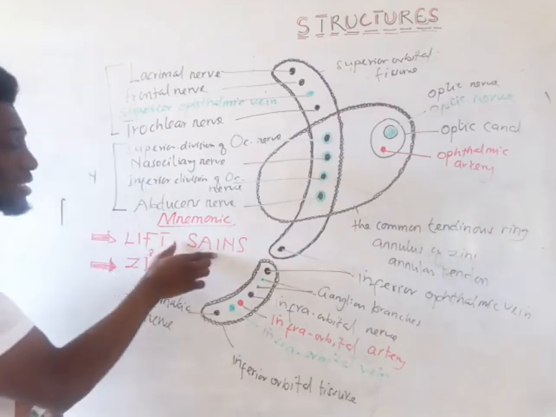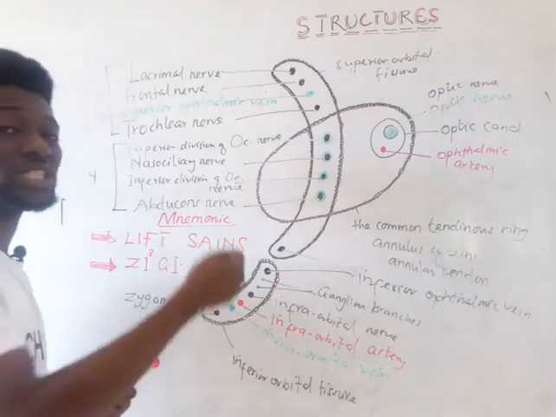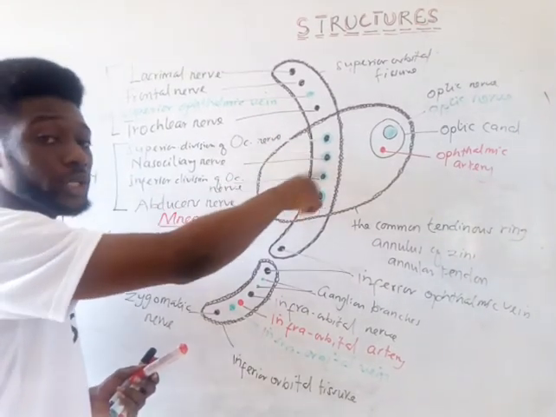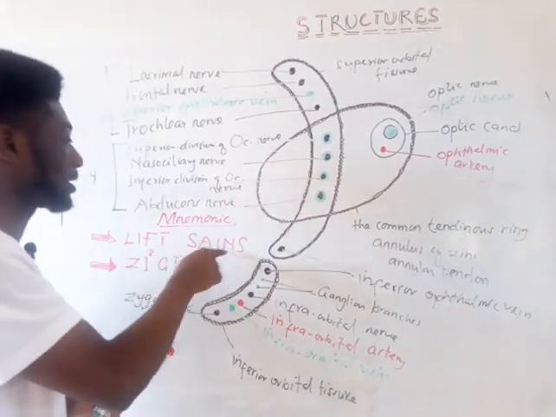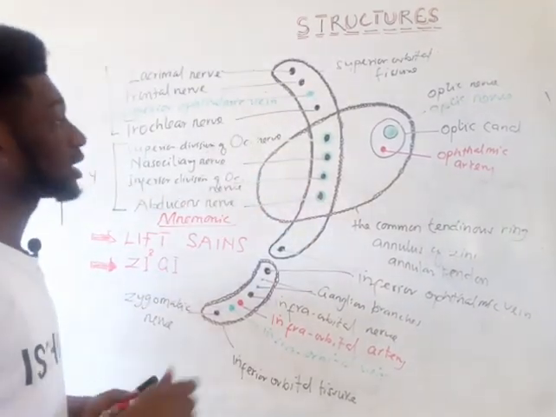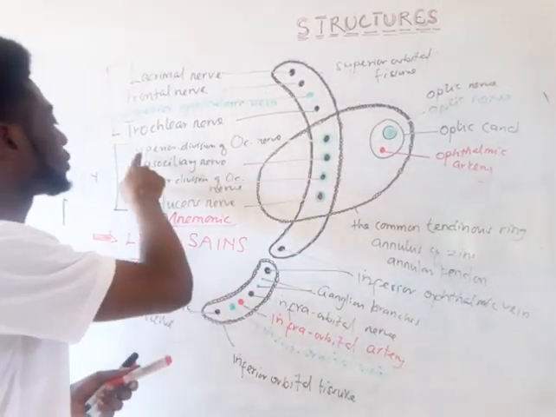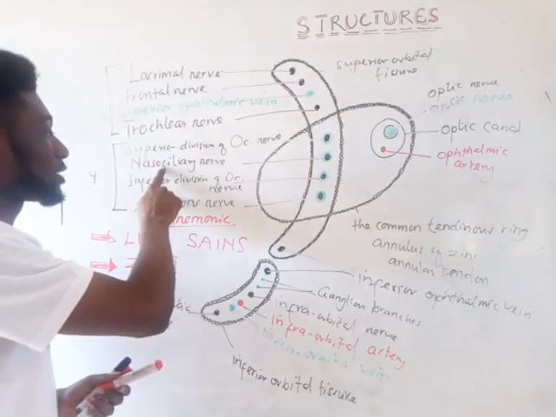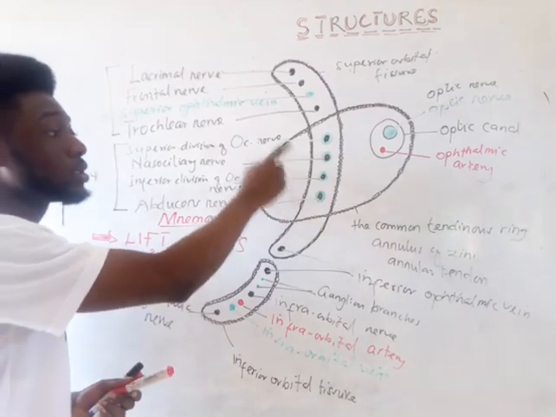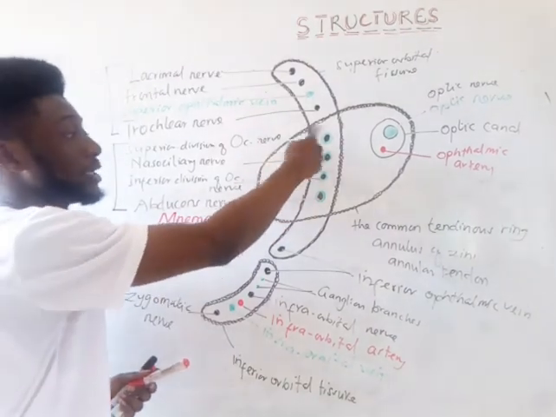Now, this LIFTS AINS is referring to the structures passing through the superior orbital fissure and the common tendinous ring. That is what we're talking about. Now, we say nerves both: a superior division of the oculomotor nerve, nasociliary nerve, inferior division of the oculomotor nerve, and the abducens nerve pass through both the superior orbital fissure and the common tendinous ring.